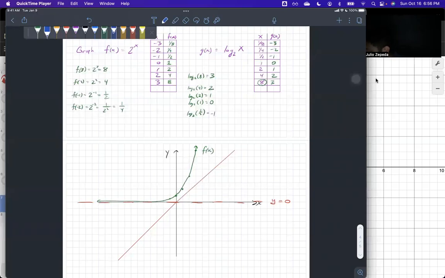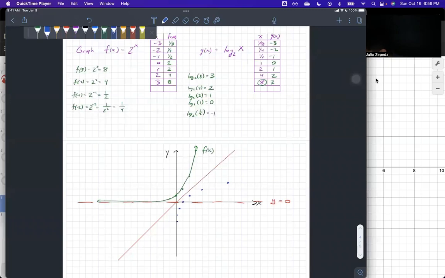And so we get the points (1, 0), (2, 1), (4, 2), (8, 3), (1/2, -1), (1/4, -2), (1/8, -3).